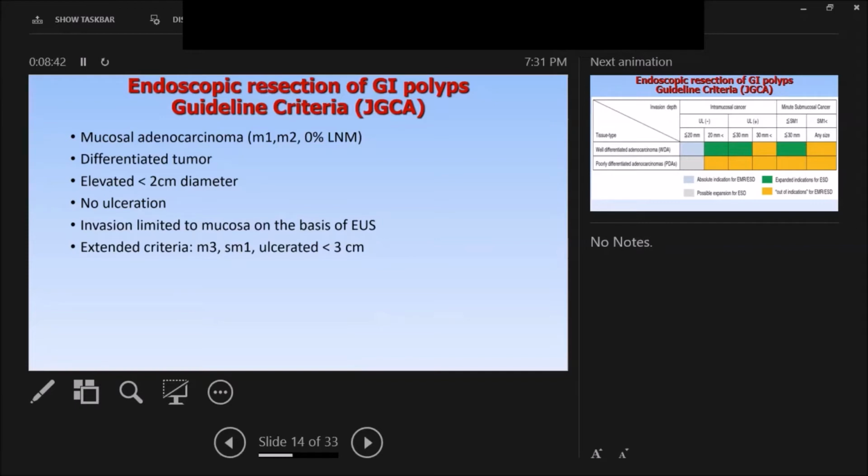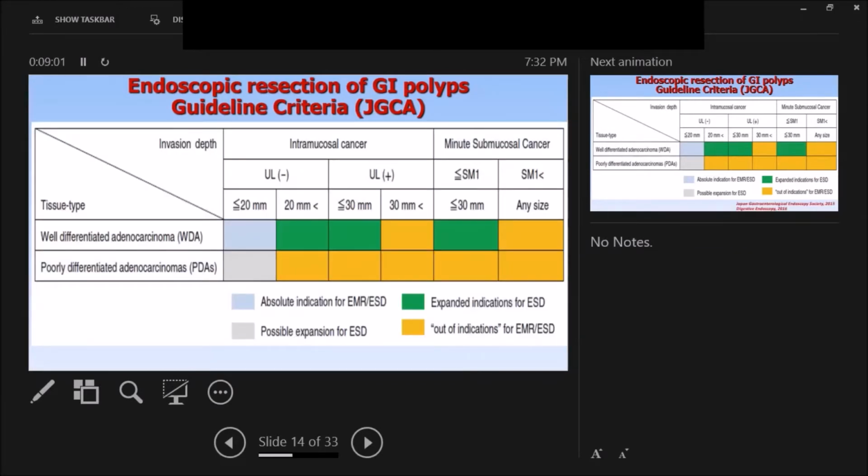Especially in the right side colon, a crucial rule is elevation or non-elevation by lifting sign. Expanded criteria: M3, SM1, ulcerated lesion below 3 centimeters.